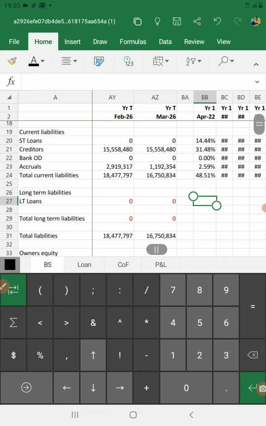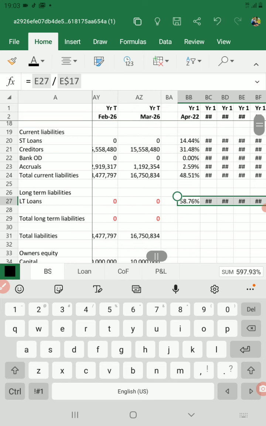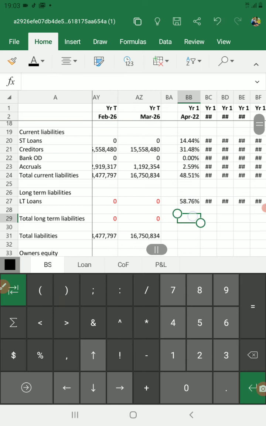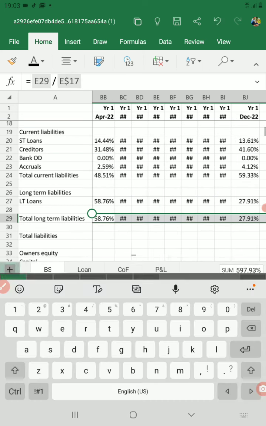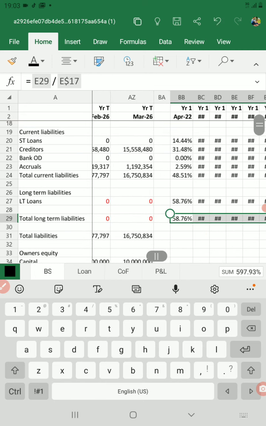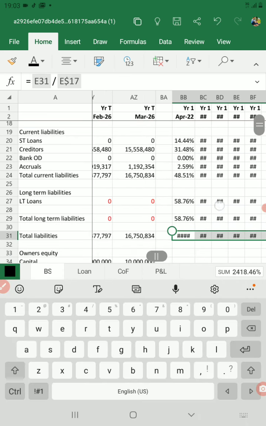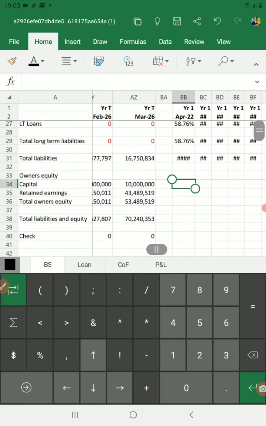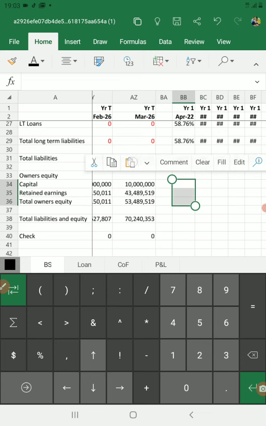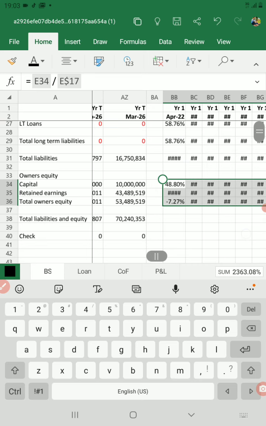Come here, tap and paste. Come here, tap and paste. Come here, tap and paste. Come here, select all these up to total owners equity, paste.